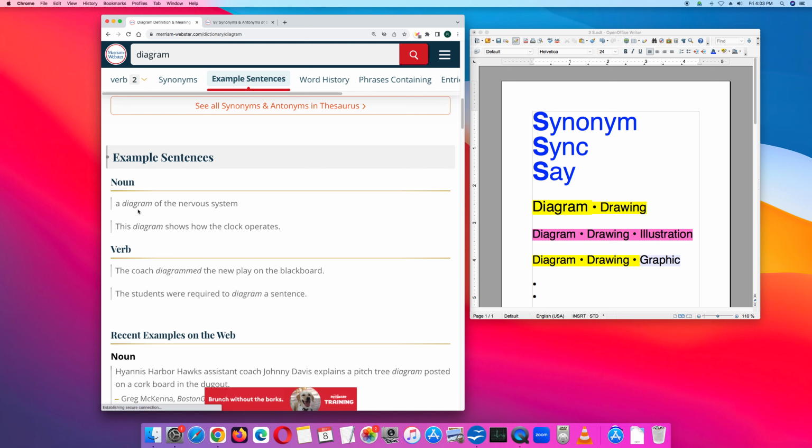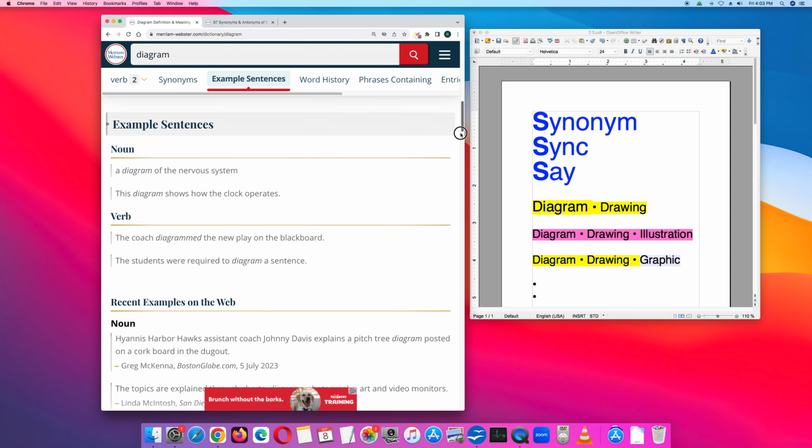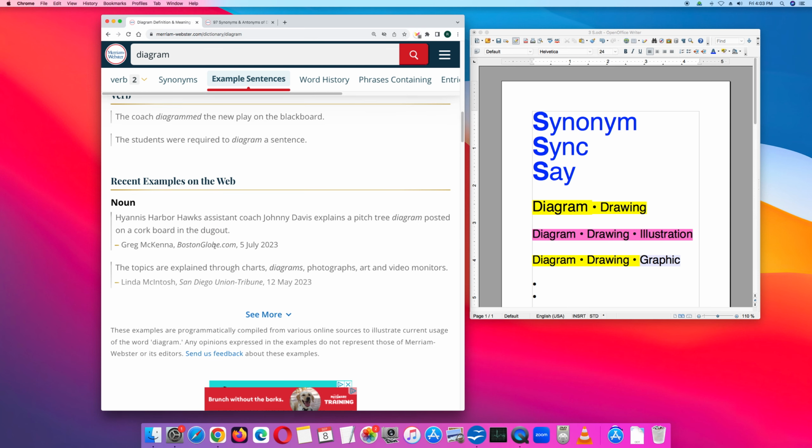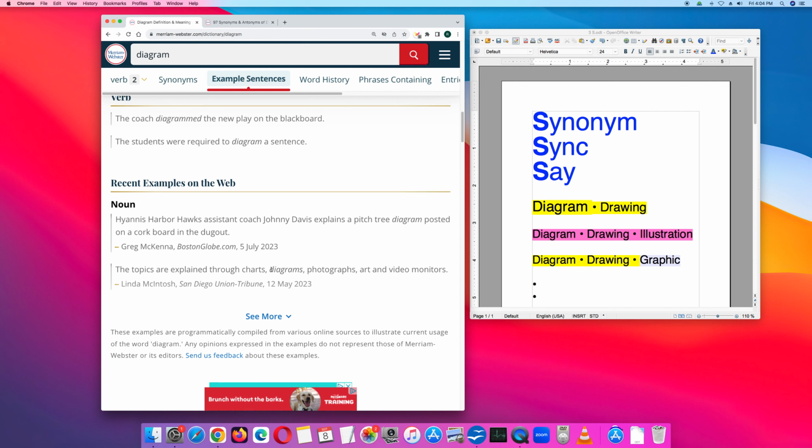Example sentences: a diagram of the nervous system. This diagram shows how the clock operates. The coach diagrammed the new play on the backboard. The students were required to diagram a sentence. They even have recent examples from the web: topics are explained through charts, diagrams, photographs, art, and video monitors. So reading the sentence helps give context and comprehension of the words.